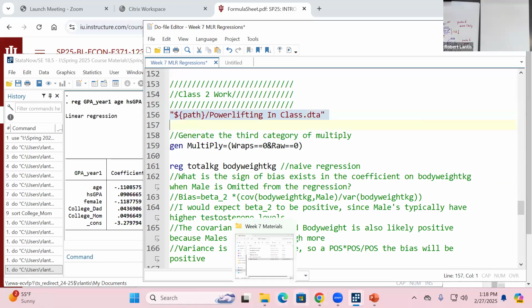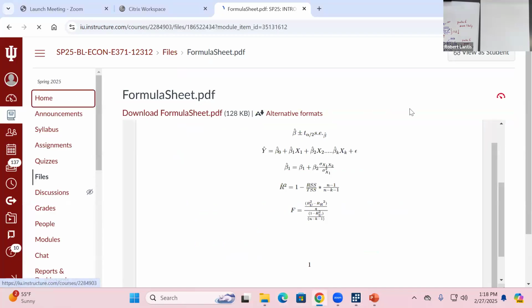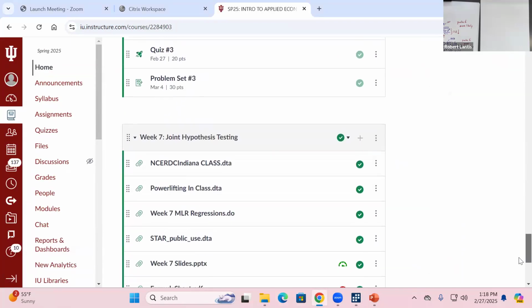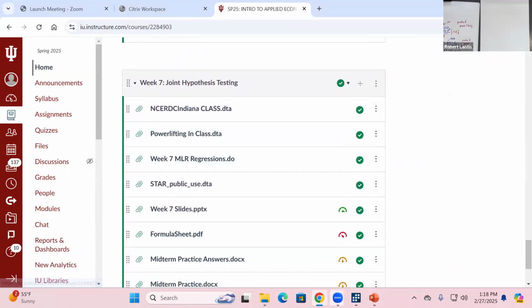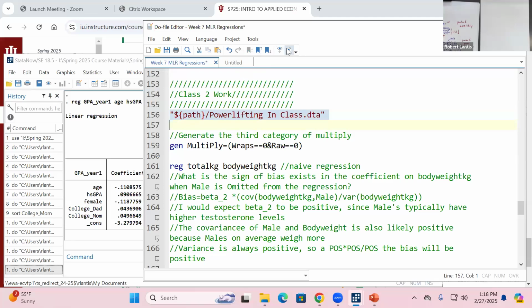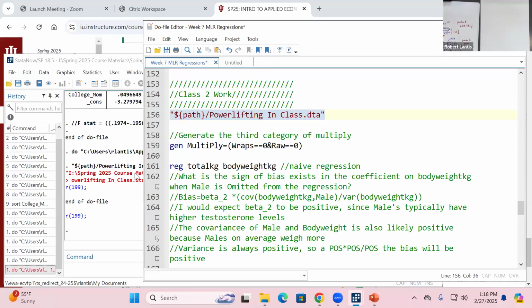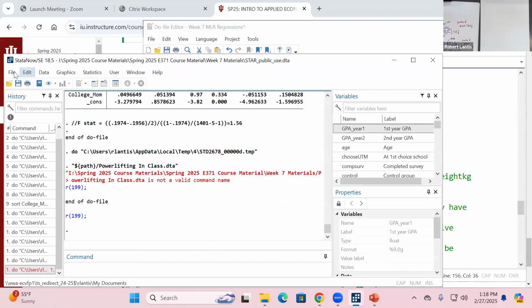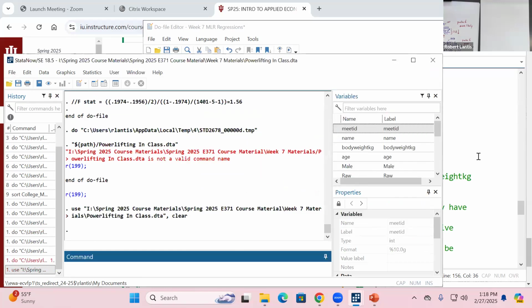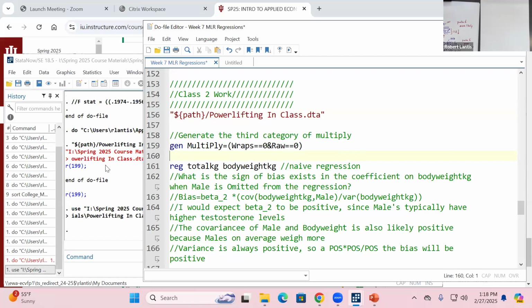And I have this powerlifting in class data set that should be up there on Canvas for us. So I'm going to just open that data set up, maybe. Did I not drag and drop it in? Let's see. I must have misspelled something. All right, now we've got it opened up. Did I misspell?